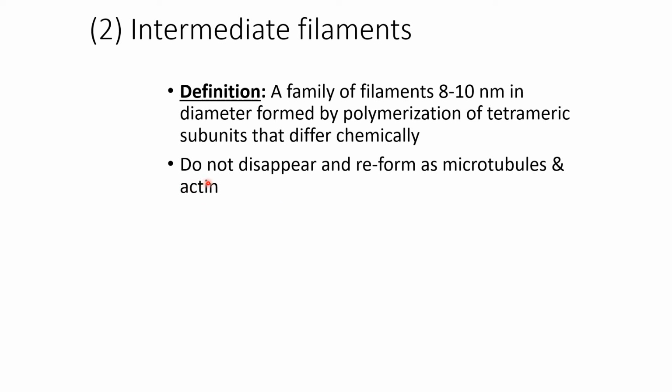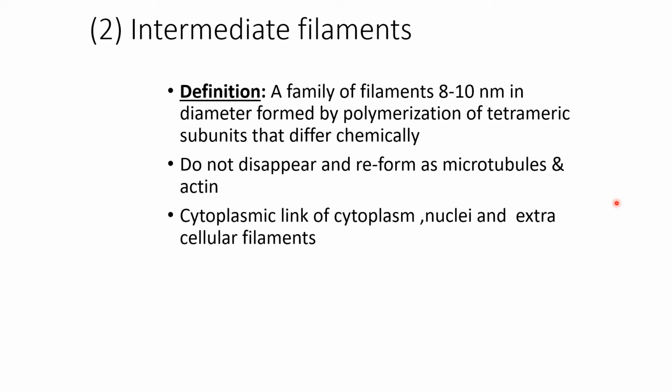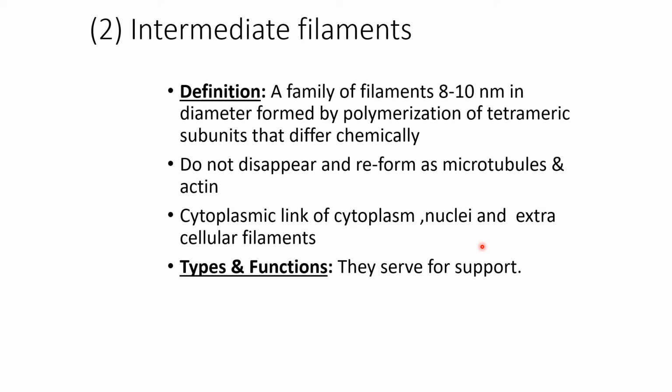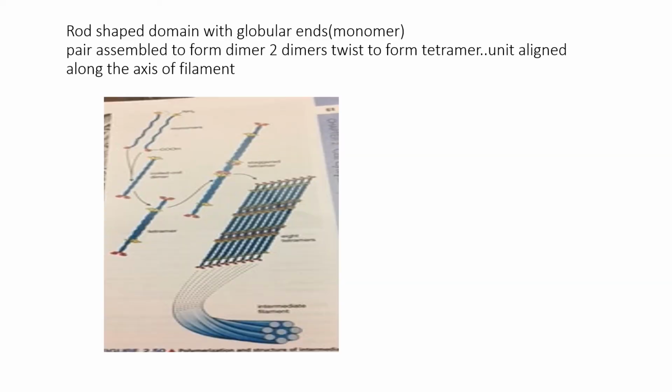The intermediate filaments do not disappear or reform as microtubules or actin do, so they have mainly a supportive function. They can link to the cytoplasm, nuclei, and extracellular filaments. Types and functions, as we said, they serve for support.